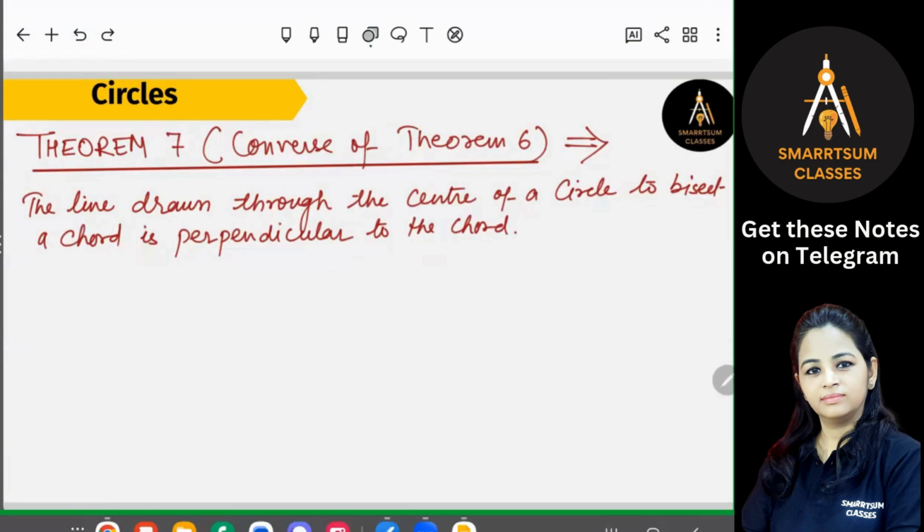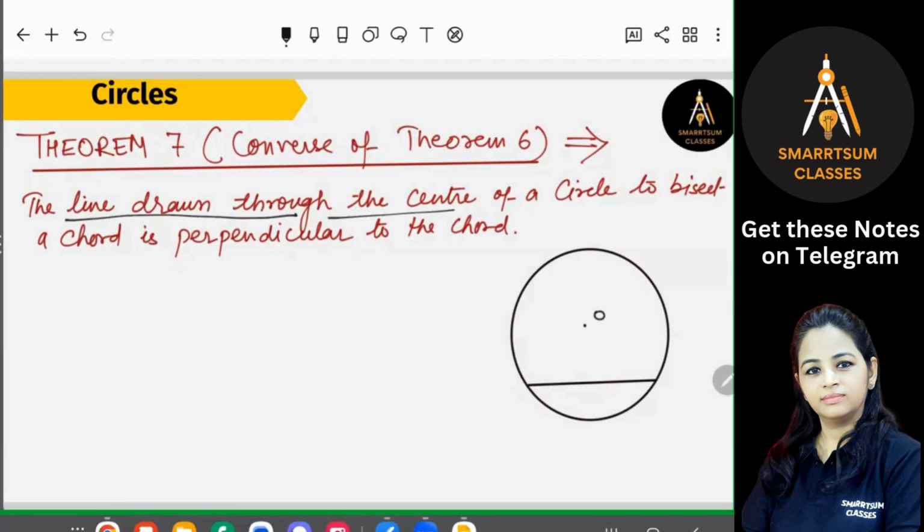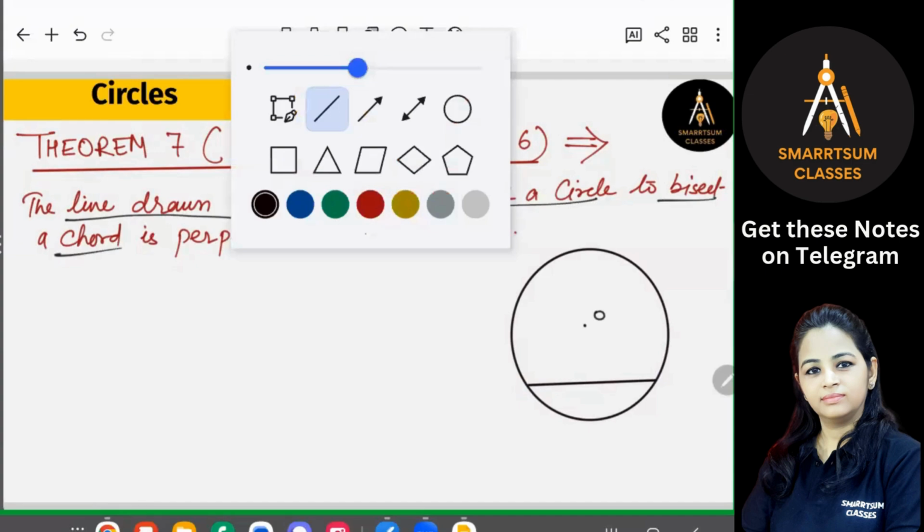Let's draw a circle first, and let's see what is given here and what we have to prove. Suppose this is a circle, center is O. Now let's draw a chord here. According to this theorem, we draw a line through the center of the circle to bisect the chord.